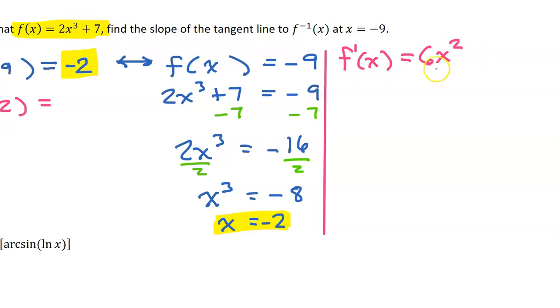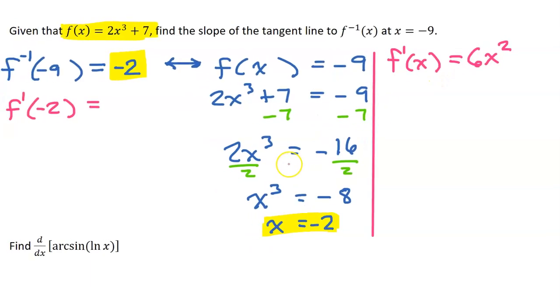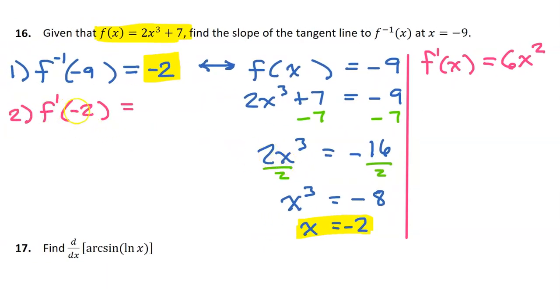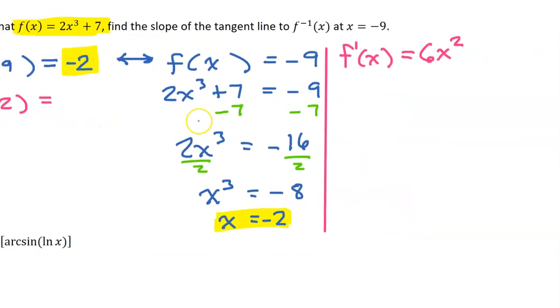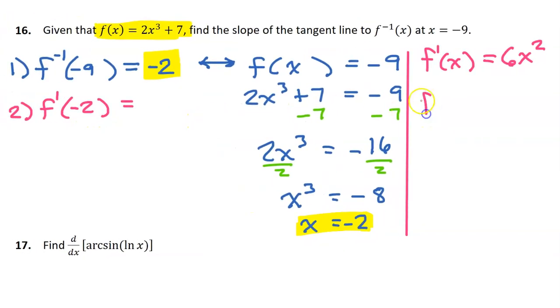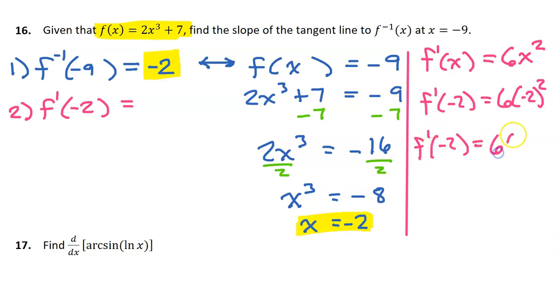So this is the derivative. Remember, we need to evaluate f prime at negative 2. So here we go. f prime at negative 2 will equal 6 times negative 2 squared. So f prime at negative 2 will equal 6 times 4, which of course is 24. So that's the end of step 2.